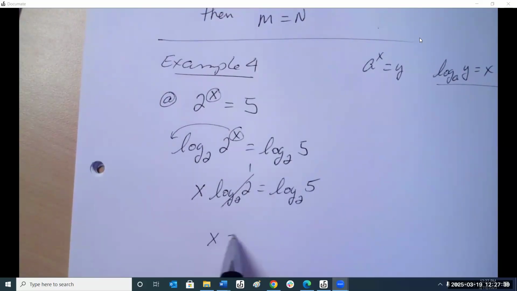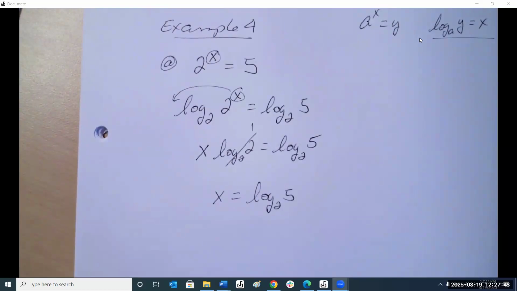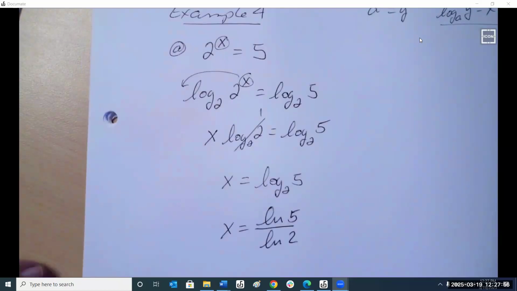So we have x is equal to log base 2 of 5. But we can't do anything there. We still don't know what x is. So we have to use a change of base. ln5 over ln2. There's our answer. We plug that in the calculator and it'll give us an answer.